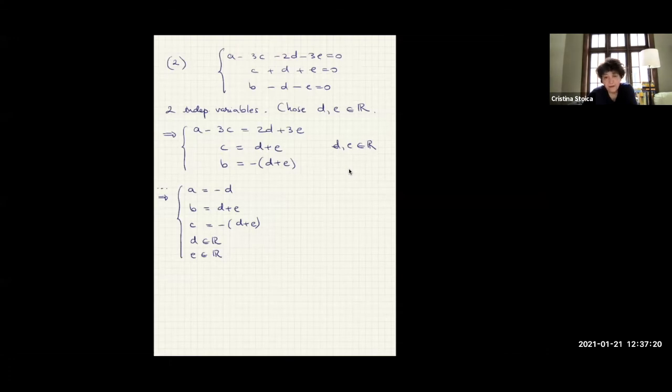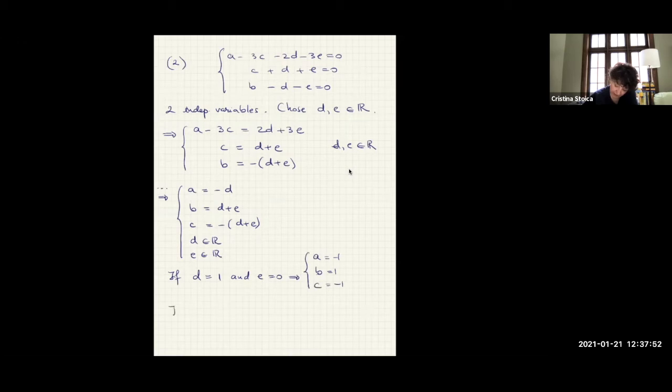So in this way, I can see the entire shebang together. And now I have a 2-dimensional space of solutions. I'm not getting into the linear algebra. I'm going to just say, what about if D is 1 and E is 0, then A is minus 1, B is 1, and C is minus 1.